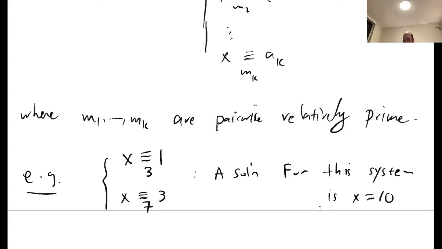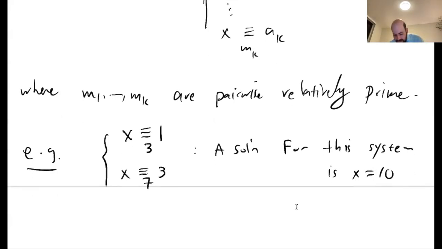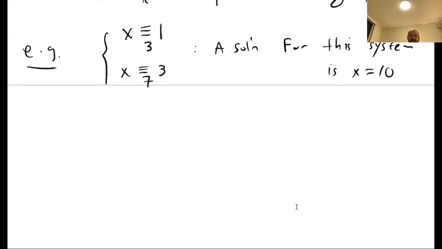The answer is given by a theorem called the Chinese remainder theorem. It's called that because it's a heritage of Chinese work, the way they solved this type of problem or similar problems.